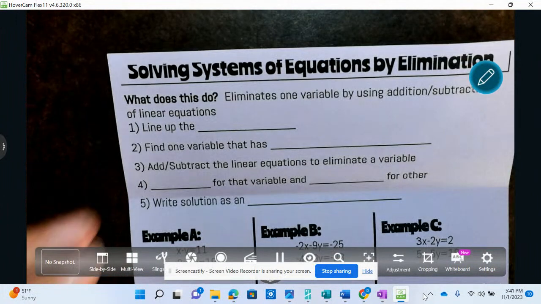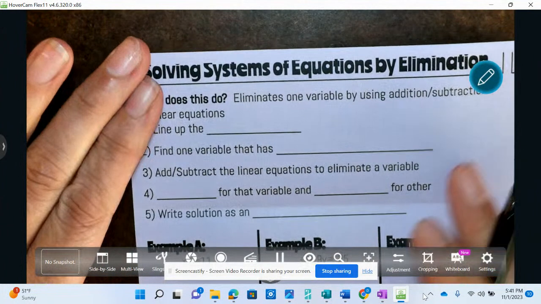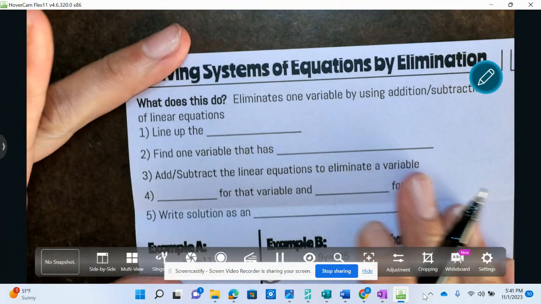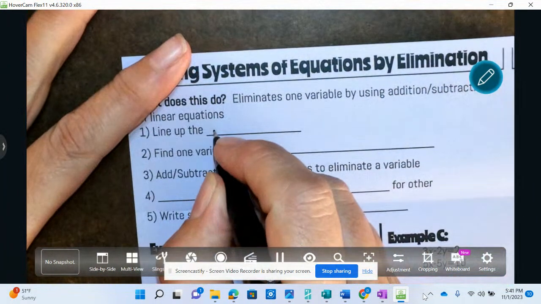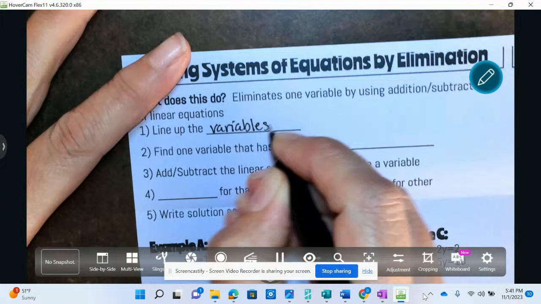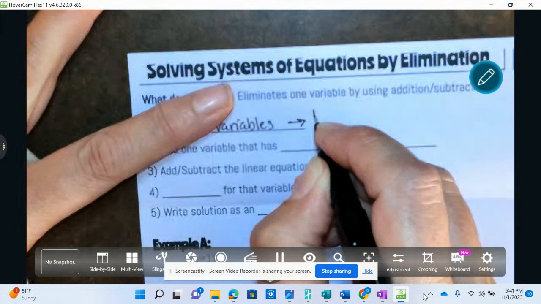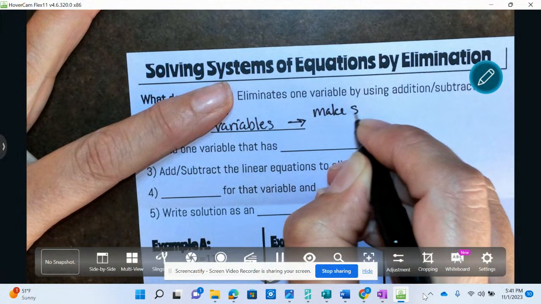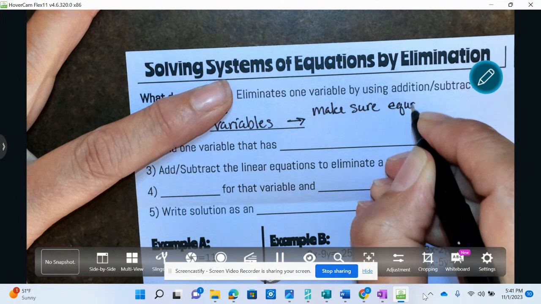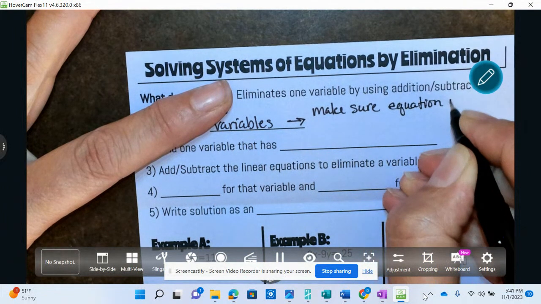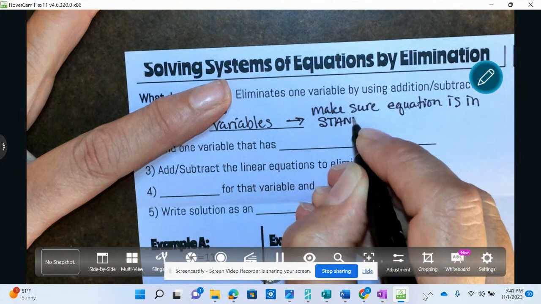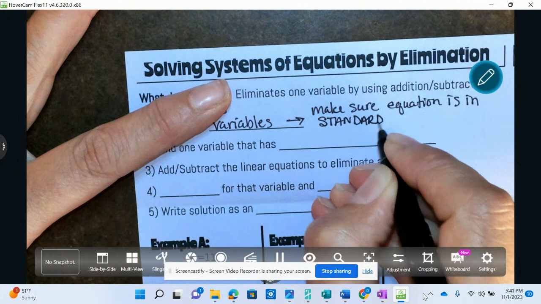Well, what does this do? It eliminates one variable by using addition and subtraction. So we line up the variables. And the easiest way to do this is to make sure your equation is in, I hope you remember it, it's called standard form.